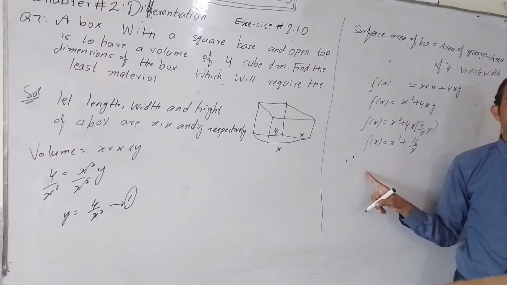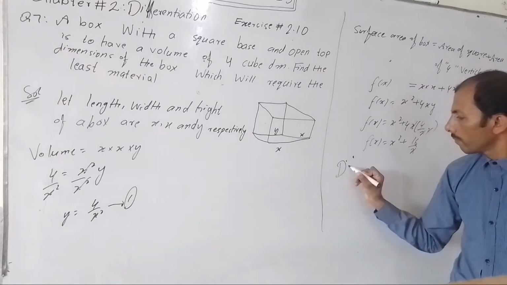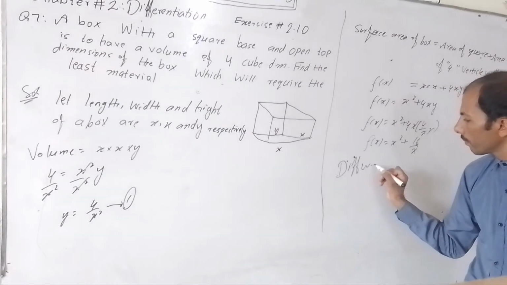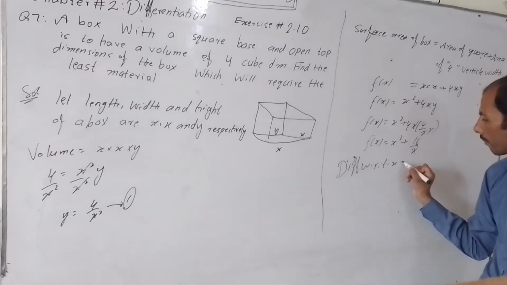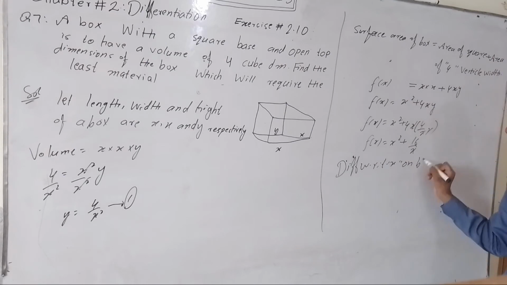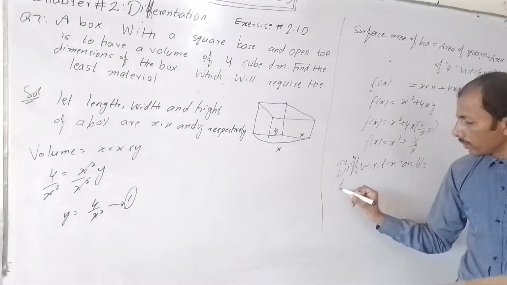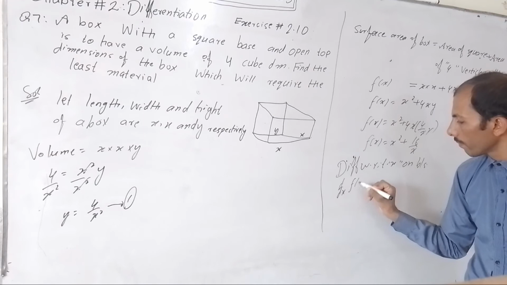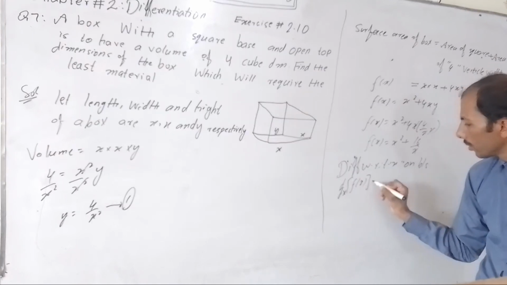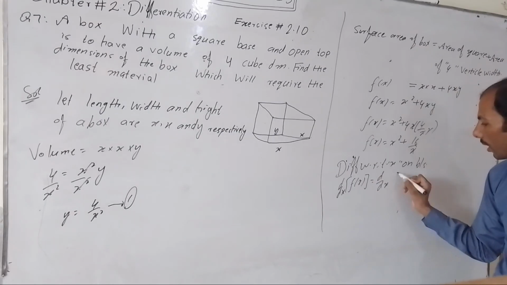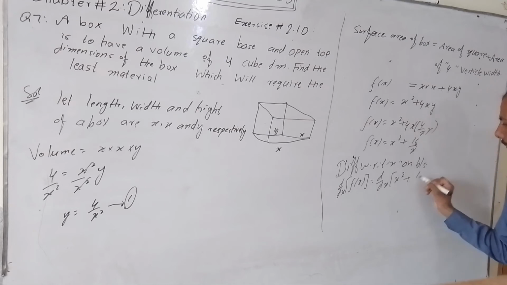Differentiate with respect to x on both sides. Derivative of f of x is equal to derivative of x square plus 16 divided by x.